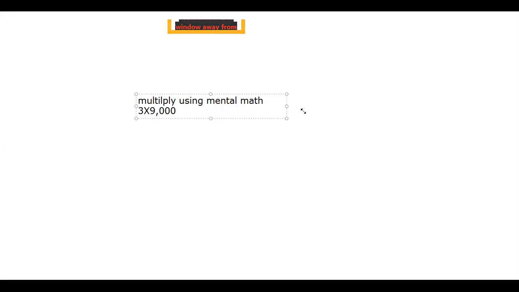You need to multiply using mental math, and you can know it because we have many zeros. So you know that we need to multiply using mental math, which is the easy way. Now, how to multiply this? 3 times 9 equals 27. Then we have 3 zeros. So 1, 2, 3. That's it.